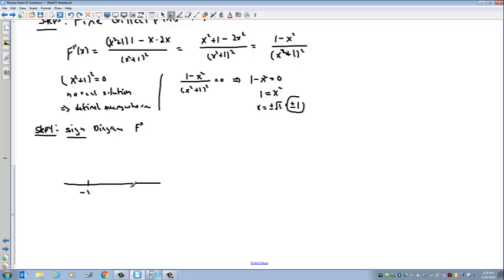We have -1 and +1 for our two critical points for f prime. And then we're doing an analysis then for f. So here we'll choose a little point: f double prime of -2, f double prime of 0, and then f double prime of +2. So just choose a point to the left, in between, and to the right.